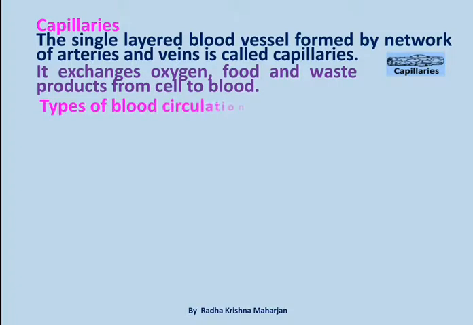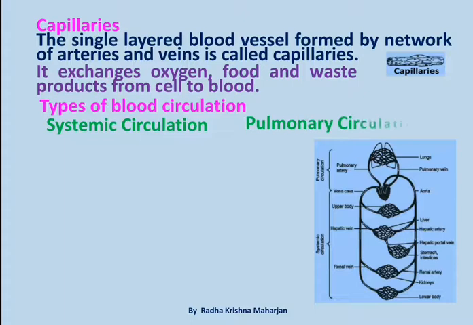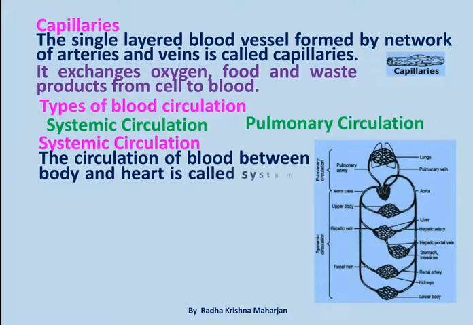Types of blood circulation: systemic circulation, pulmonary circulation. Systemic circulation. The circulation of blood between body and heart is called systemic circulation.